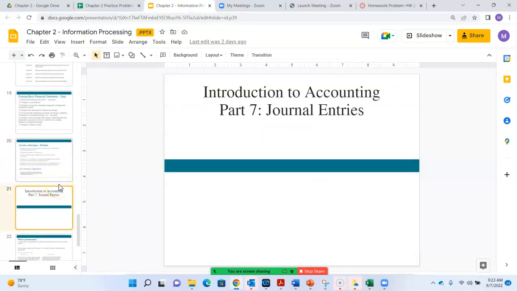So far in this chapter, we really have just been dealing with debits and credits. How do you use T accounts? How do we record transactions using T accounts? Well, we can take this one step further, and you're going to see why T accounts are so helpful. They are leading us exactly to figuring out how to record journal entries.